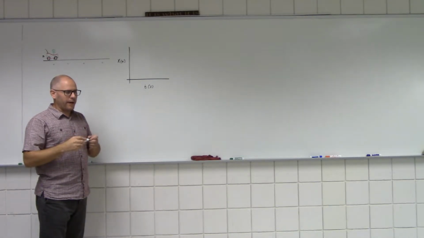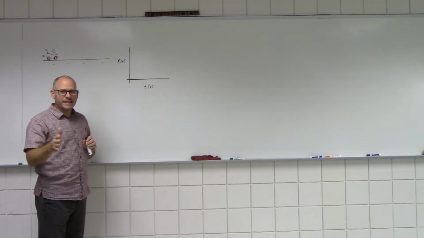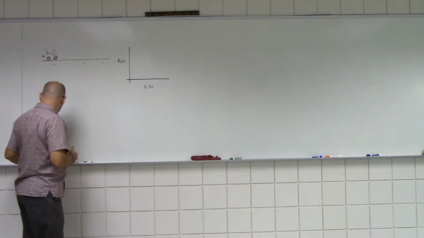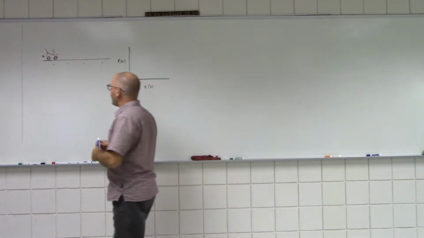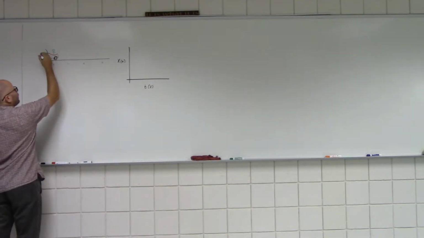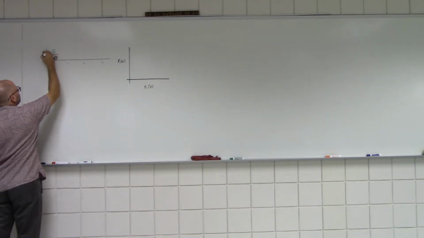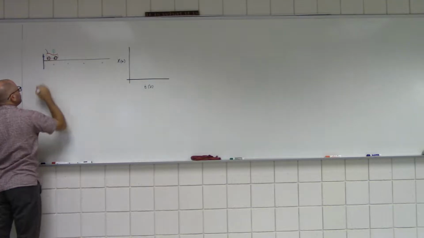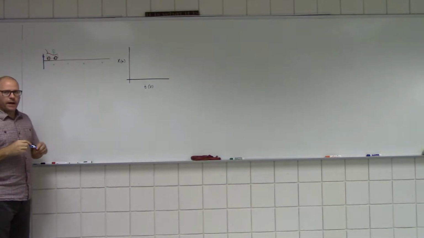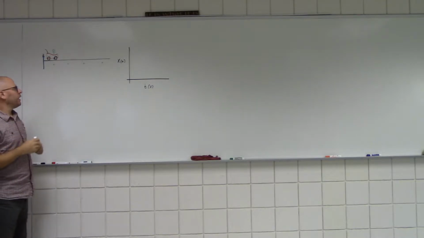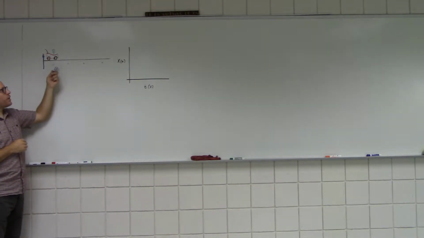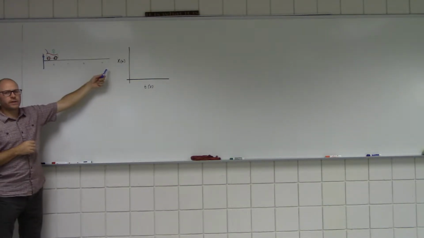Now, to begin this, we have to establish a zero line. So I'm going to put my zero line here. Each of these dots represents a clock reading, so let's say that this first one was 0 seconds, 1 second, 2 seconds, 3 seconds.